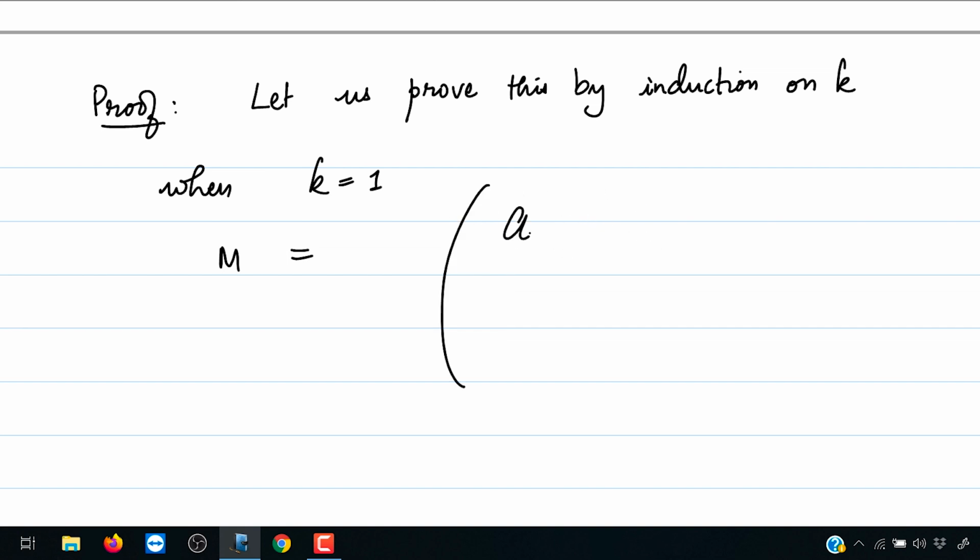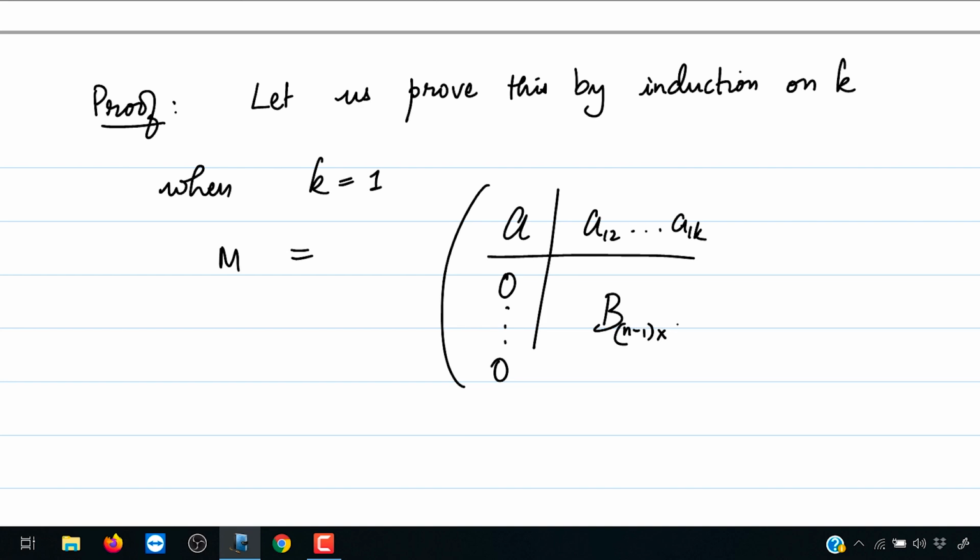There's an A, which is some real entry, and there are A12, A1k. This will be zeros, and there will be B here, which is n minus k, which is n minus 1 cross n minus 1.